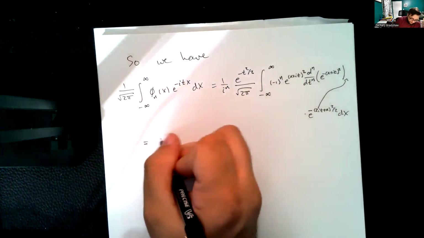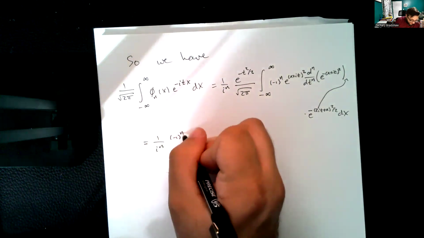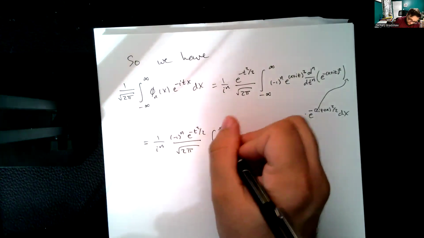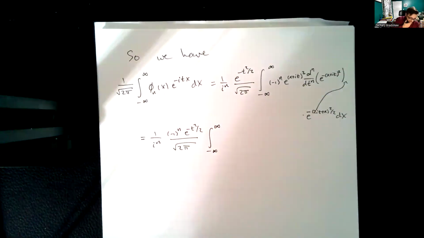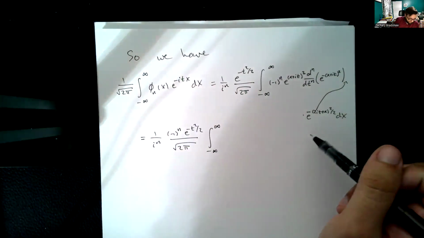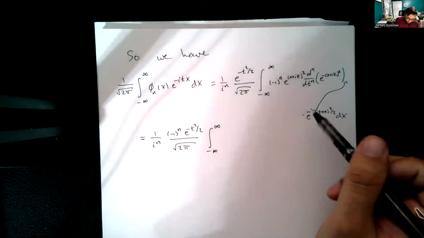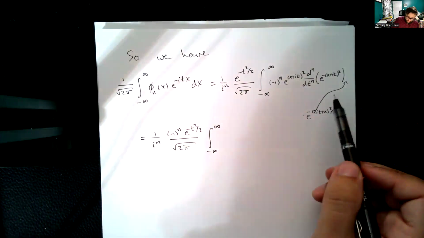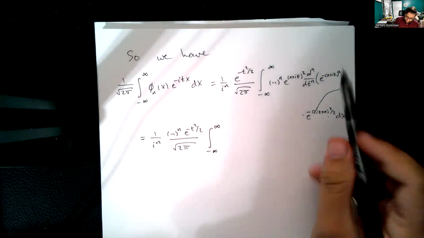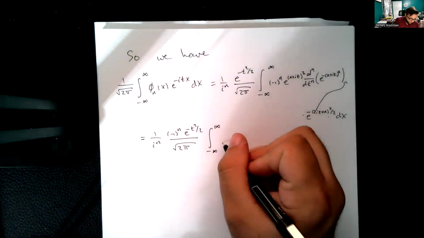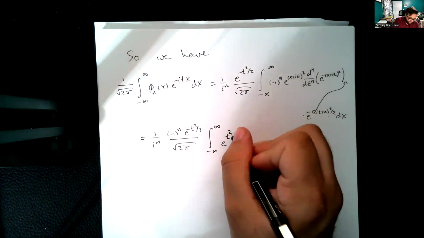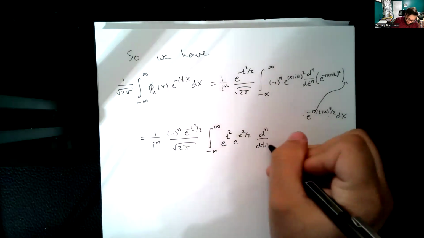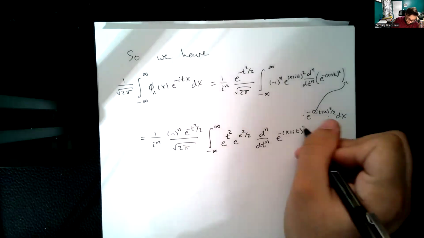Let me give myself more room. So this is 1 over i to the n, minus 1 to the n, e to the minus t squared over 2 over the square root of 2 pi, the integral from minus infinity to infinity of, let's see. Okay, so now I'm going to go ahead and expand this guy and that guy. And what I'll find is that combining those two things gives me e to the t squared, e to the x squared over 2, d n by dt n, e to the minus (x plus it) squared dx.